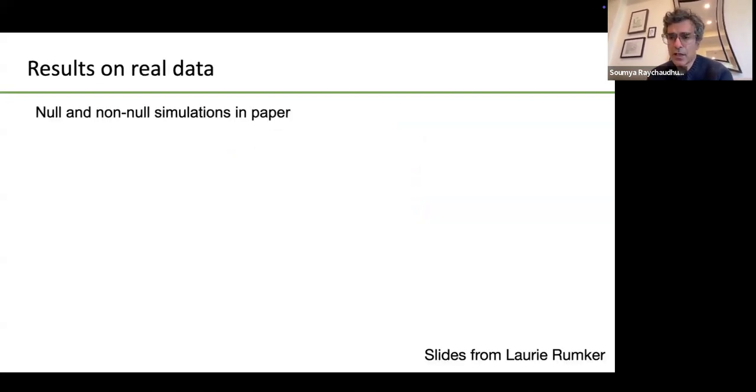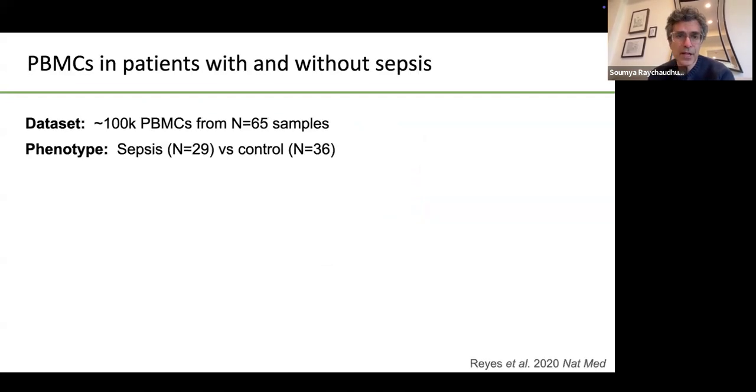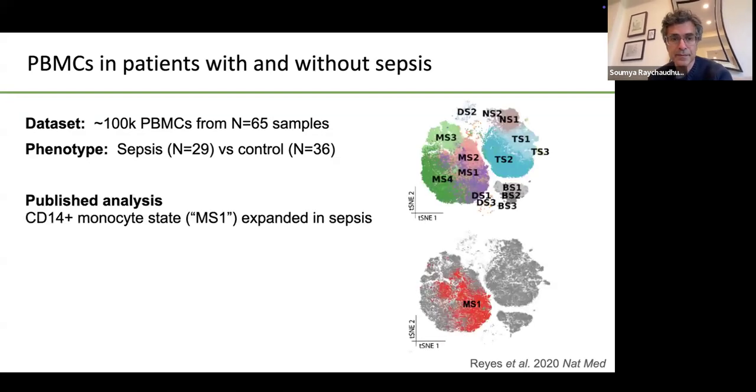Obviously, we did a lot of simulations to understand our method. This is one very simple example of a practical example that we looked at. These are individuals who've had sepsis, and we looked at data in cases of 29 individuals and controls.